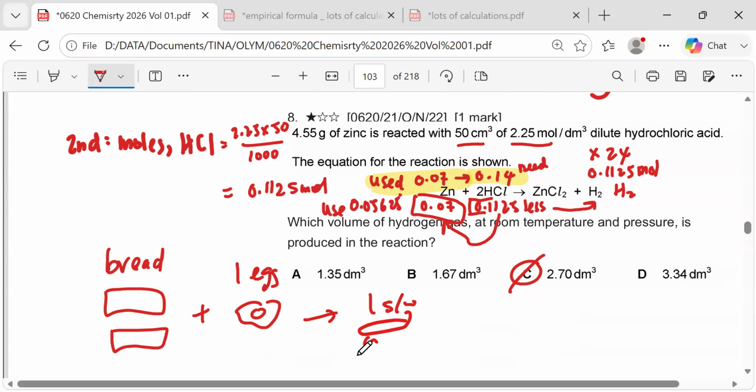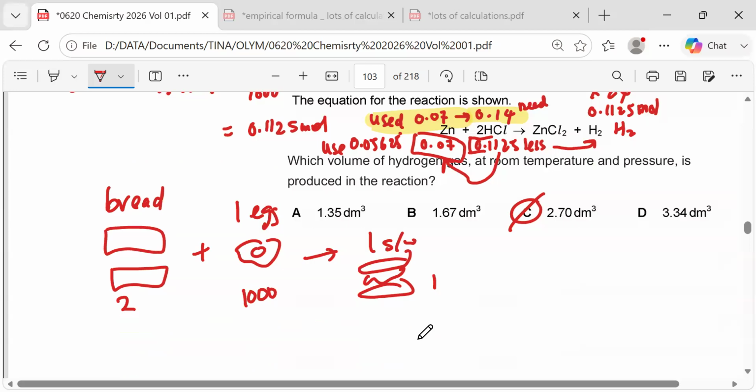But the egg is less. If I have 1,000 eggs, I can make 1,000 sandwiches. If I got 1,000 eggs and only 2 slices of bread, how many sandwiches can I make? 1 sandwich only. Okay. Then this one I only use 1 egg. This one is extra.